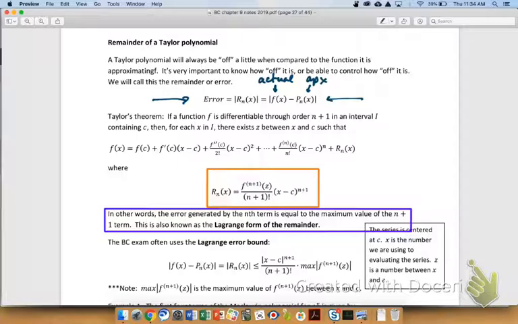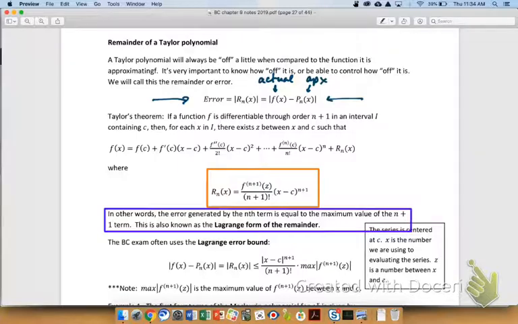If you wanted to take that thing in the orange box and use some relatively easy to understand language, we would say that the error is bounded by the maximum value of the n plus 1 term. And you might argue, well, wait a minute, isn't the n plus 1 term just the next term? And the answer is sometimes it is, and sometimes it's not.